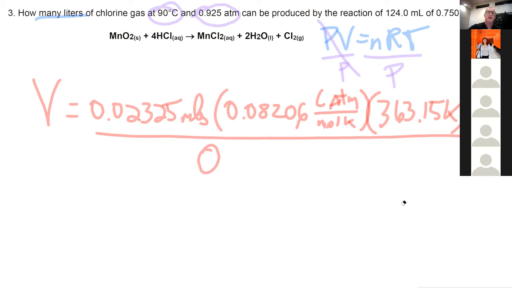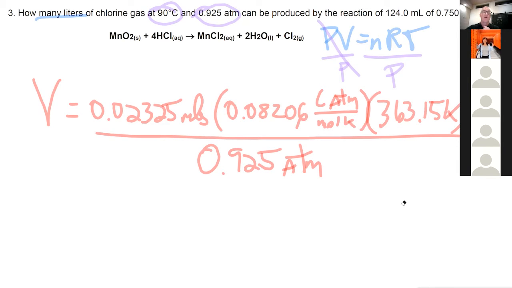So do we need to do anything to the atmospheres? Do we need to convert that? No. How come? Because the atmospheres cancel out, because it's part of this value of R. There are lots and lots of different values of R depending on how you're measuring the pressure.